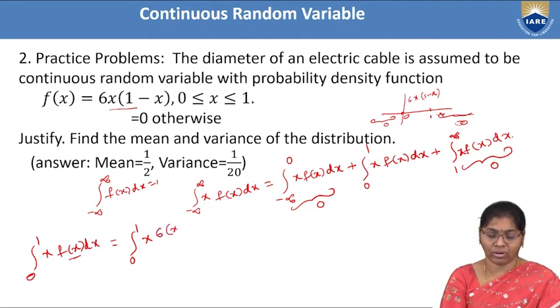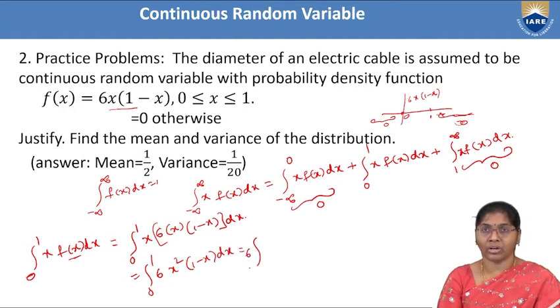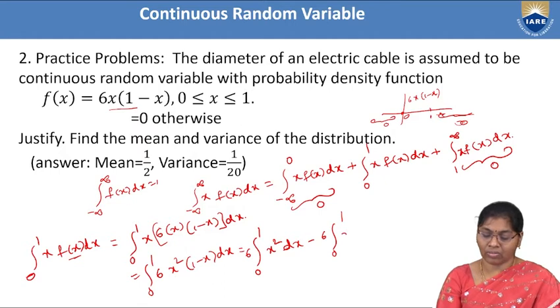That is integral 0 to 1 of 6x into 1 minus x dx, which equals integral 0 to 1 of 6 x square into 1 minus x dx. 6 is a constant, so taking it outside: integral 0 to 1 of x square minus x cube dx, that is 6 times integral 0 to 1 of x square dx minus 6 times integral 0 to 1 of x cube dx.